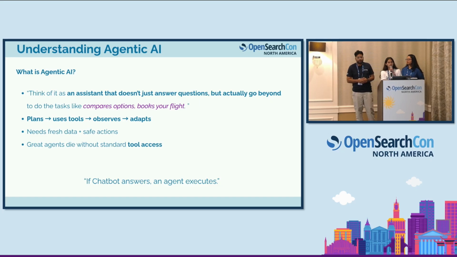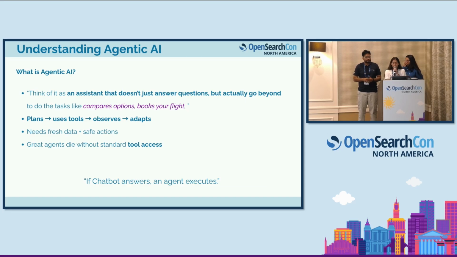For example, instead of just telling you what flights are available for tomorrow when you want to travel, it won't just answer your queries. It can also take actions for you. You can actually ask the agentic AI to book the flight tickets. It compares options, books the ticket, and sends you the confirmation as well.